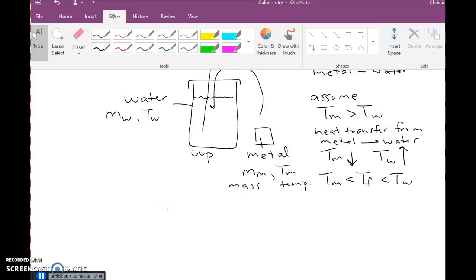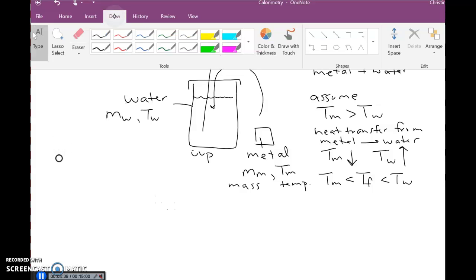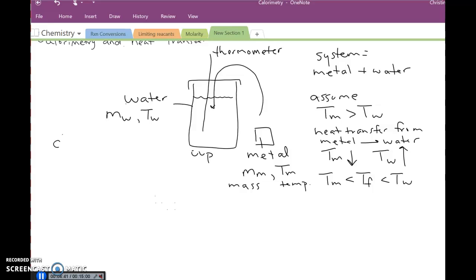So now, since our system is the metal and the water, we have what's called a closed system. So now, in this instance, our energy of the whole system equals 0.